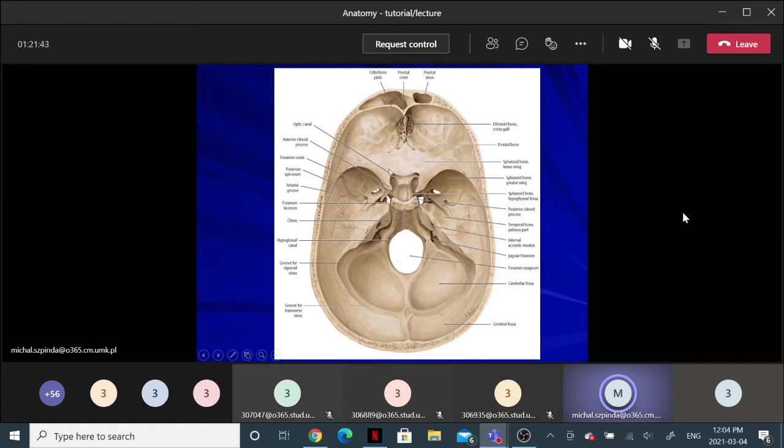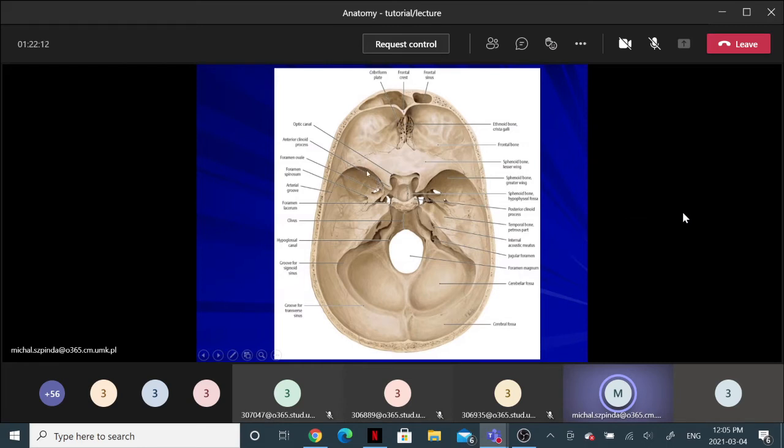Then we have the middle cranial fossa. The second nerve, the optic nerve, passes through the optic canal. Through the superior orbital fissure pass the following cranial nerves: third, oculomotor, fourth, trochlear, and sixth, abducent.